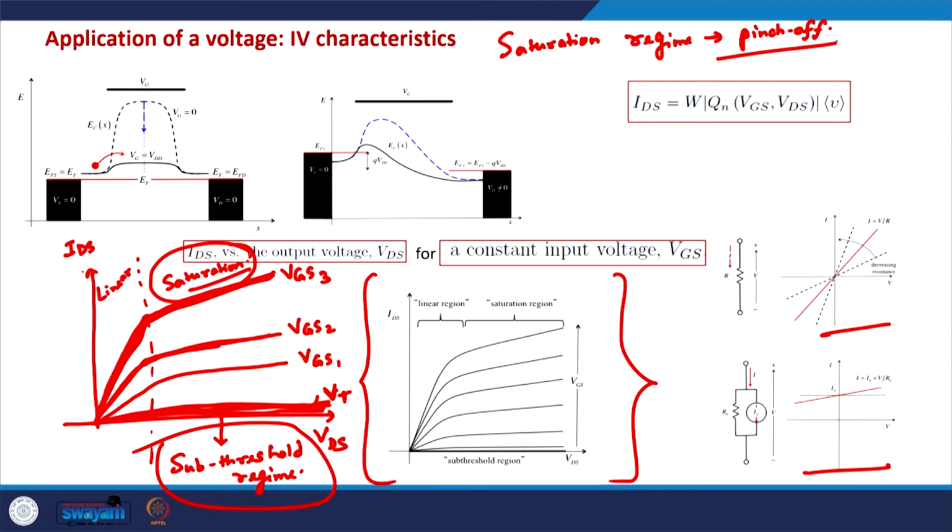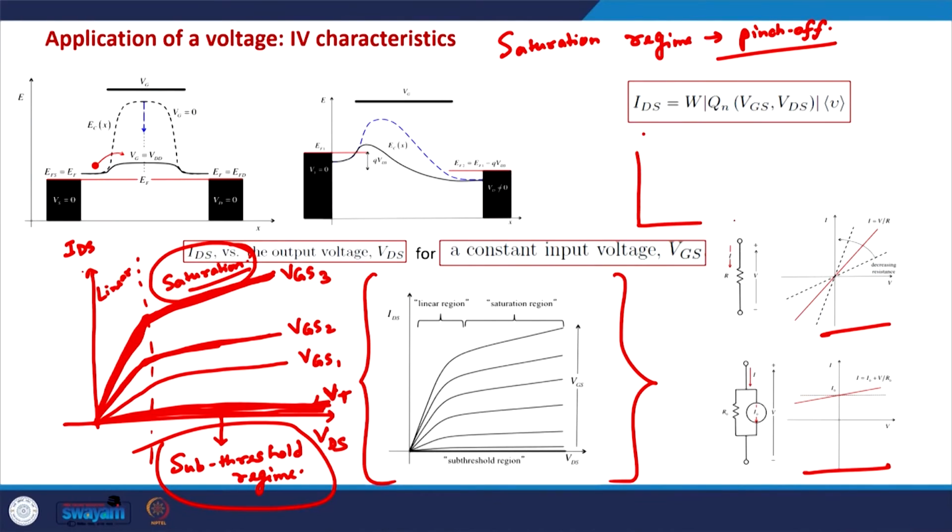We briefly discussed this in the last class. For example, if we have applied a gate voltage and there is a channel through the MOSFET, and we have started applying the drain voltage also. Let's say this is our MOSFET, this is the source, this is the drain, and this is the gate.